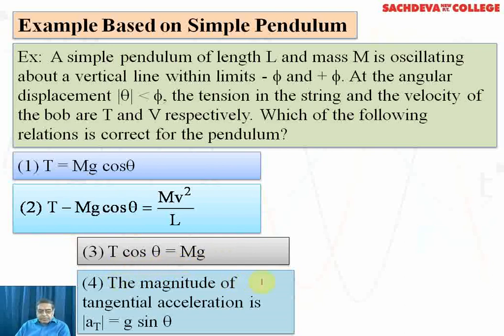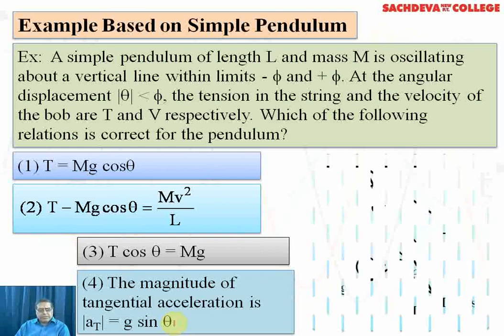The magnitude of tangential acceleration when the pendulum is moving in a curve: at a point we draw a tangent. The direction of the tangent is the direction of acceleration, and its value, modulus of a_T, is equal to g sin theta. We can calculate it, but at this stage we have to remember it for using it in numerical questions.